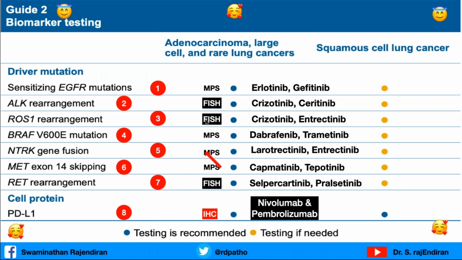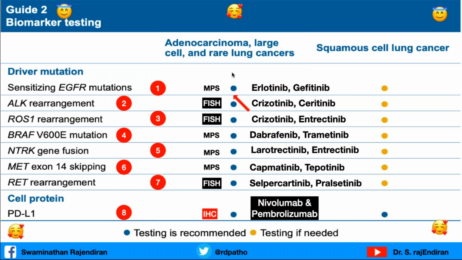I have put the technologies here. FISH is used for ALK, ROS1, and RET. IHC is used for PD-L1. All others are diagnosed by massive parallel sequencing or next generation sequencing.